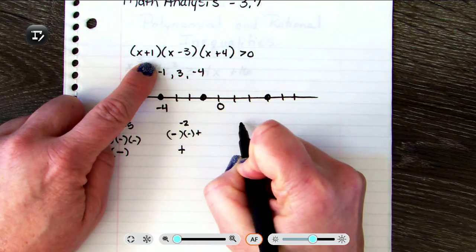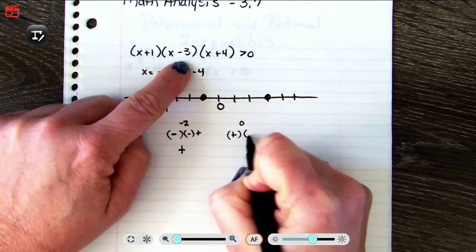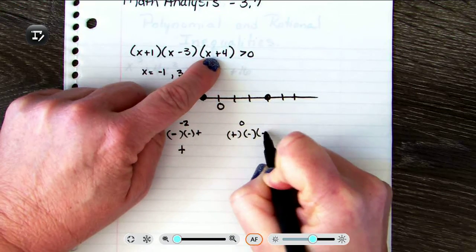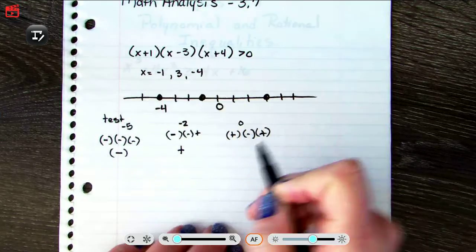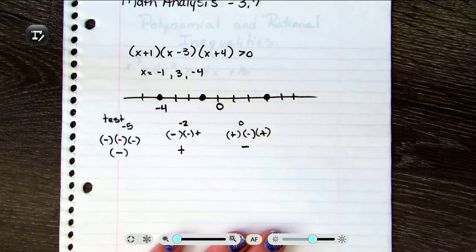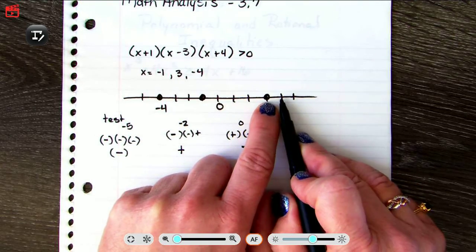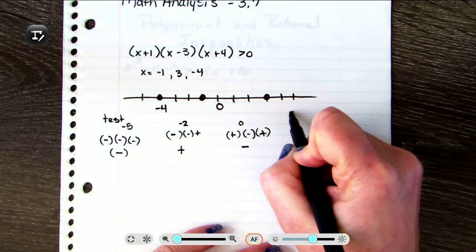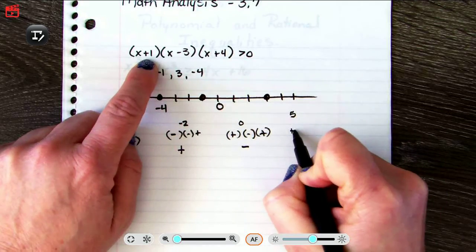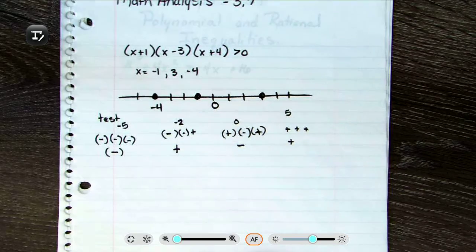So substituting 0 in there, I'd get a positive times a negative times a positive, which the end result would be negative. And we're going to do one more test value up here. Let's say we'll test 5, which gives me a positive times a positive times a positive, which is positive.